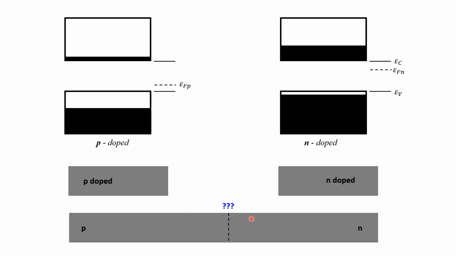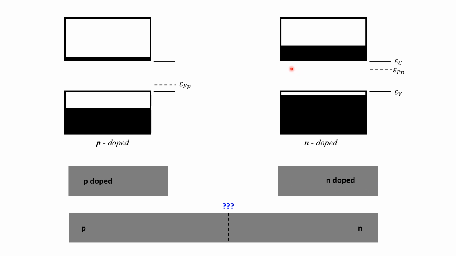Electrons will diffuse from the region with high concentration of free electrons, high chemical potential, to the region with low concentration of free electrons, low chemical potential. But recall that before we form the p-n junction, in the n-doped semiconductor there's an array of ionized atoms.